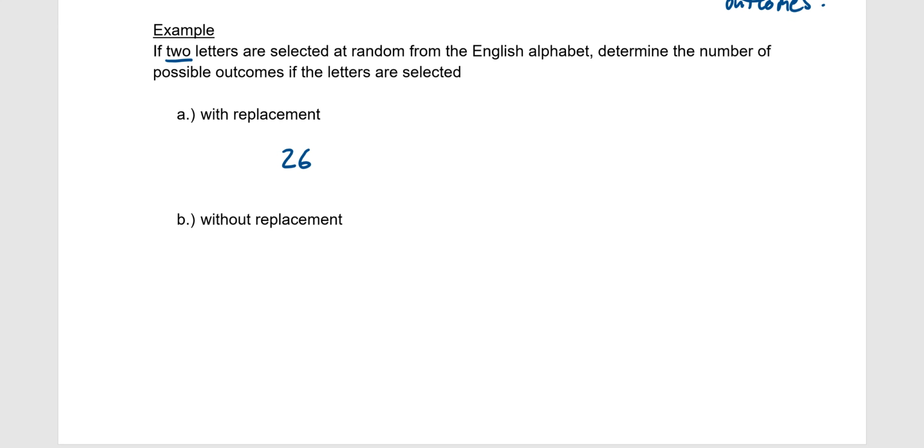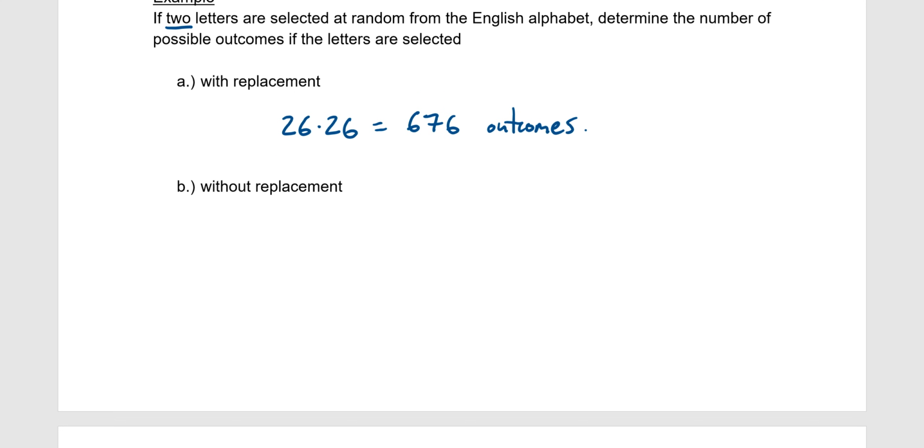So we're taking the letter out and essentially putting it back in. So that means we have 26 options again for the second letter. So the total number of possible outcomes is 26 times 26, which gives us 676 possible outcomes.